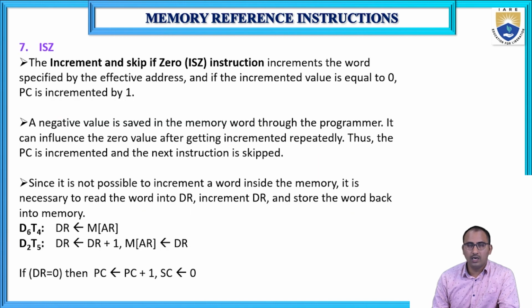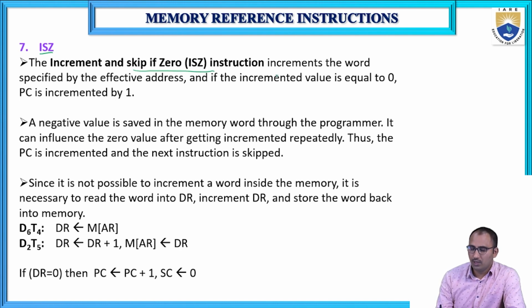Okay, and the last memory reference instruction is ISZ, increment and skip if 0. This increments the word specified by the effective address. Using this instruction, we can increment the memory word which is specified by the effective address.